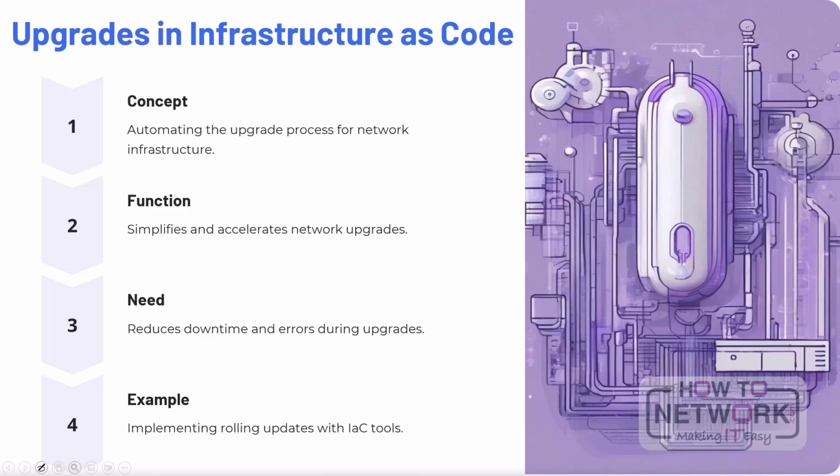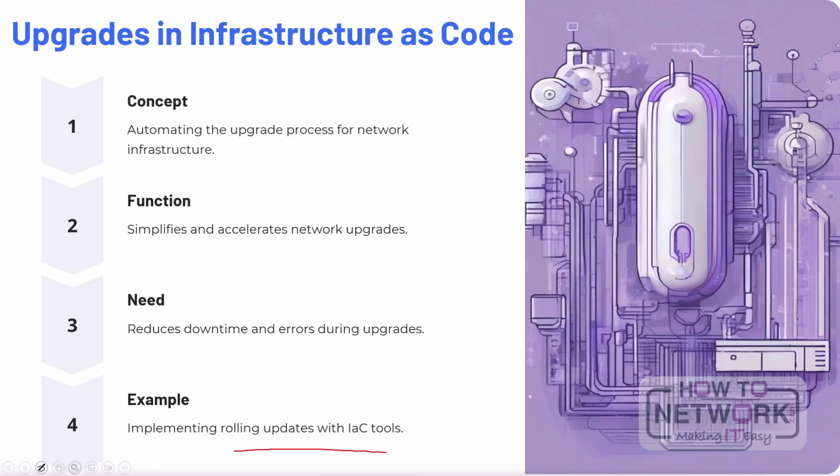So, automating the upgrade process for network infrastructure through IaC streamlines and optimizes the management of network resources. This approach enables the use of code to automate and manage the lifecycle of infrastructure, ensuring consistency, reliability, and efficiency. Implementing rolling updates with IaC tools like Terraform and Ansible allows for seamless upgrades.